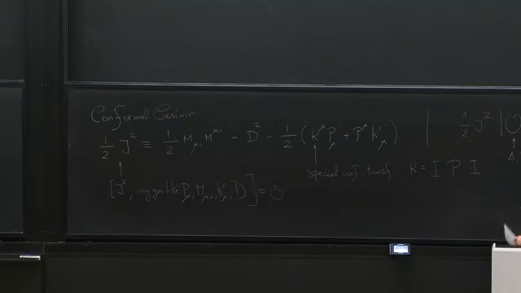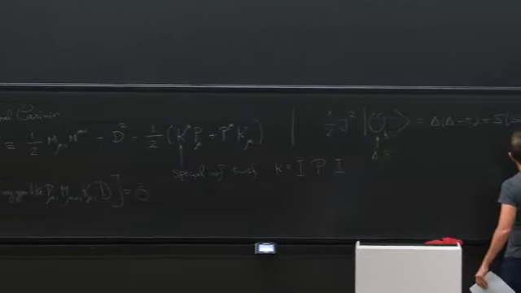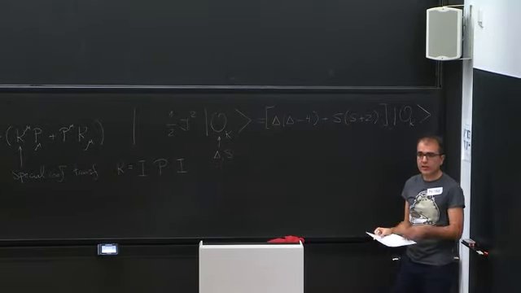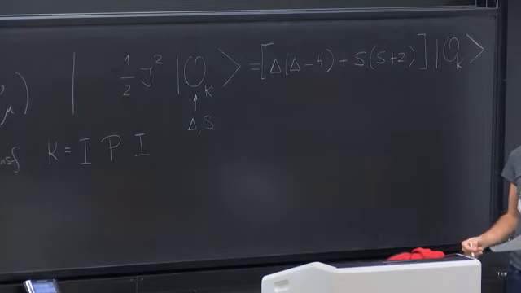It gives delta times (delta minus 4), plus s times (s plus 2), times the operator. Okay? So this is just the analog of j(j plus 1) acting on an operator.